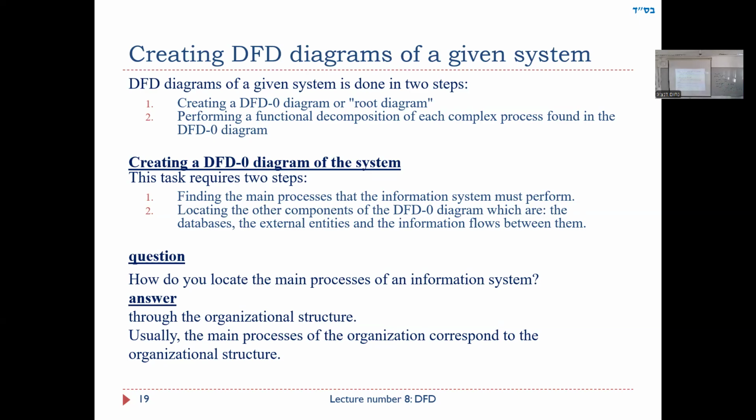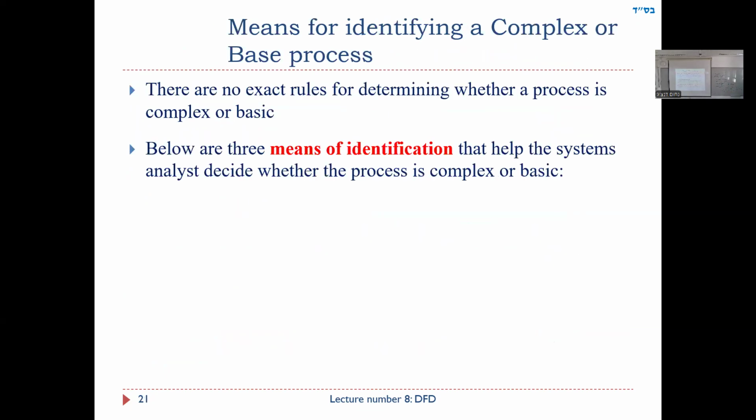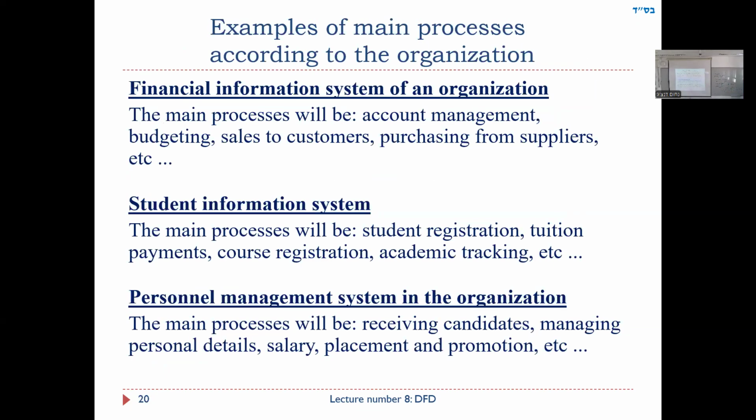Usually the main processes of the organization correspond to the organizational structure, because you have a secretary that deals with each topic. So for example, you might have financial information, student information, personnel management. These are just examples of what would be done in each of those processes, but I think it's relatively obvious.